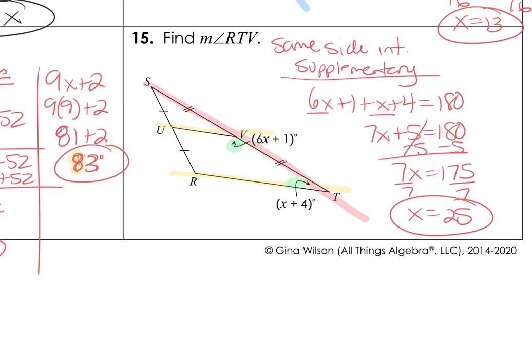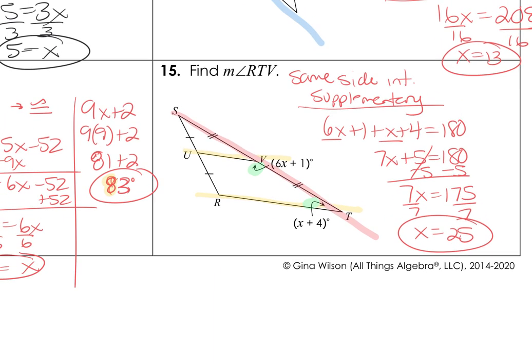But just like number 14, that's not really the answer, because look what they're saying, find angle RTV. So when I look back in my diagram, angle RTV is this angle. So I have to plug it in. RTV is x plus 4, 25 plus 4. It'll be 29 degrees. That's really my answer.